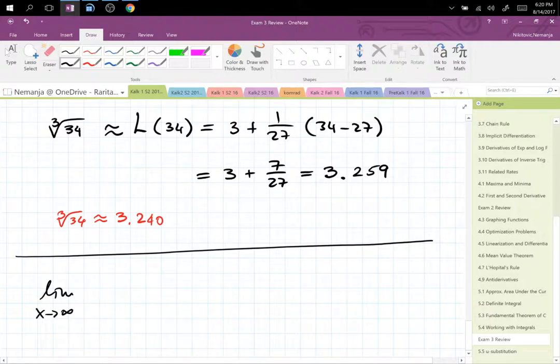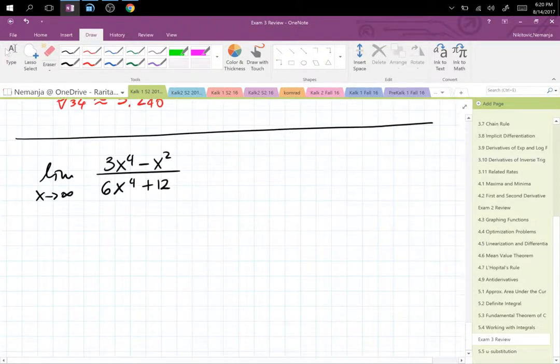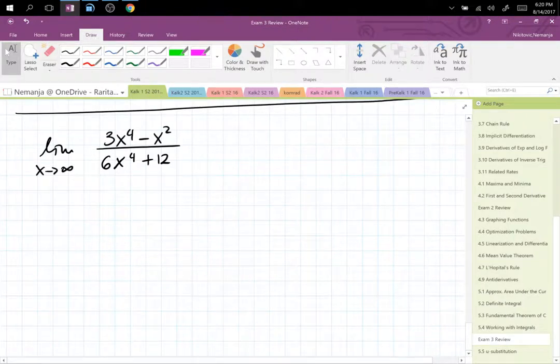So this is problem 37, and it has 3x to the 4th minus x squared, divided by 6x to the 4th plus 12. And the question is to solve the limit. You already know what the answer is because you did Calc 1 limits. The answer is 1/2.